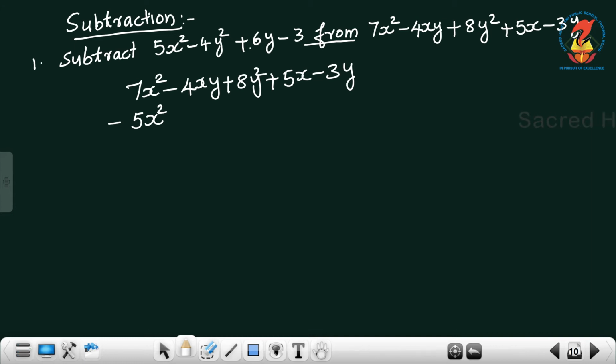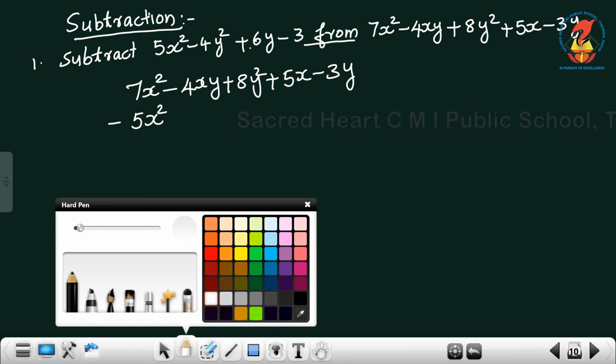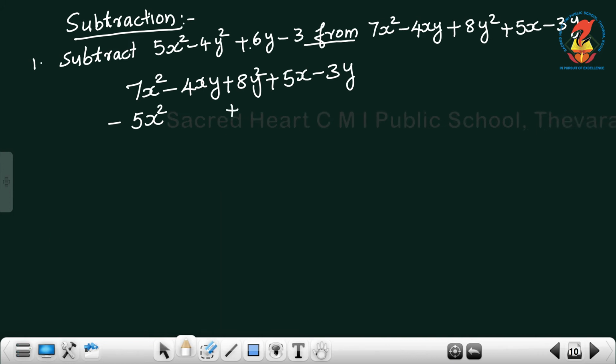The additive inverse of minus 4y square is plus 4y square, and like terms 8y square and 4y square should be written one below the other. 6y becomes minus 6y, minus 3 becomes plus 3.